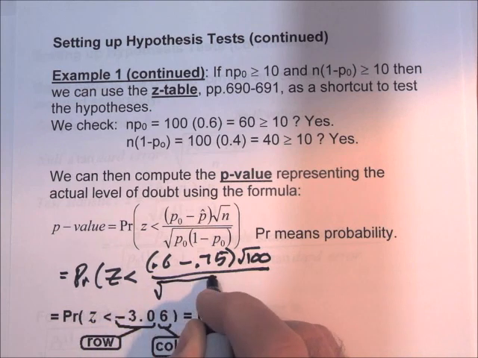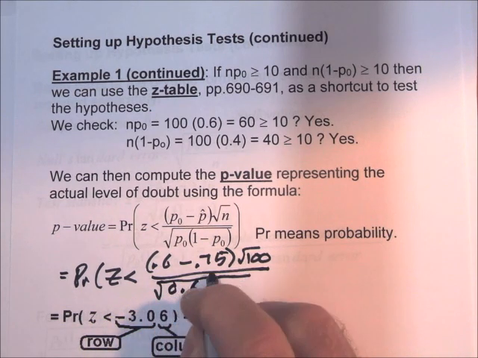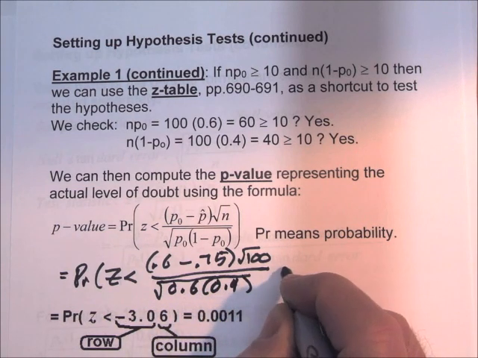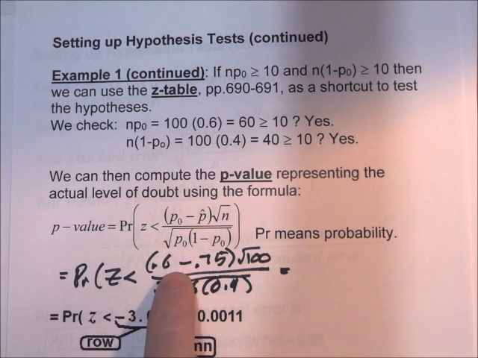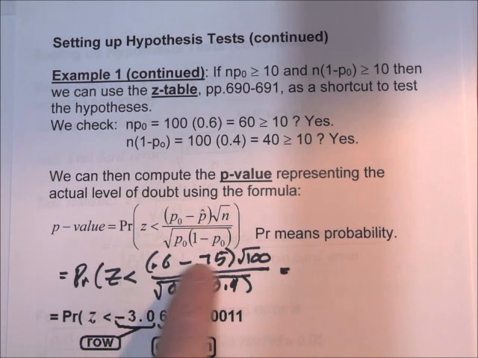Over the square root of p0 again, 0.6, times 1 minus p0, 1 minus 0.6 is 0.4. Okay, so you first want to do what's inside the parentheses. We're following the order of operations here. So you want to push 0.6 minus 0.75 and then push equals, because we want to do what's inside parentheses first.